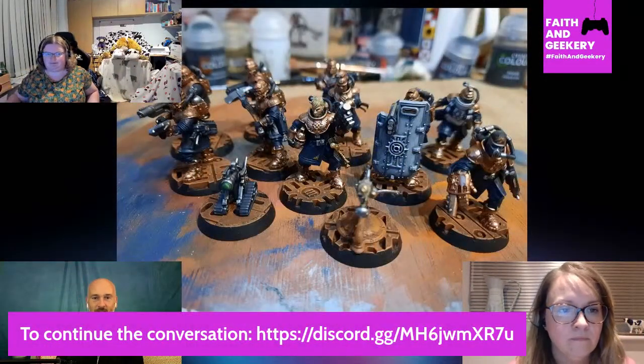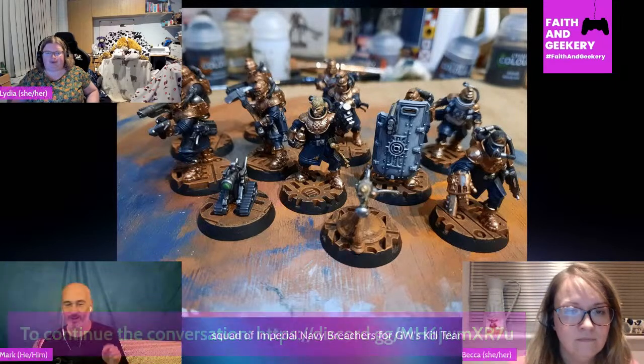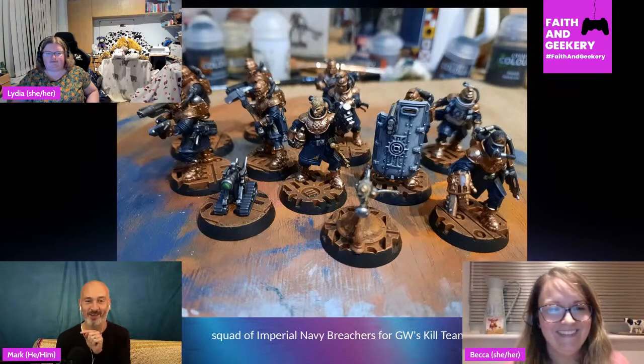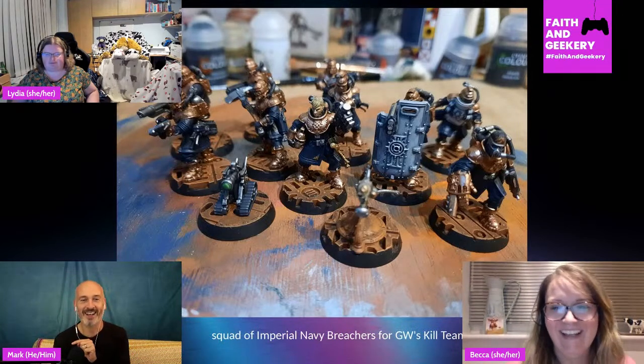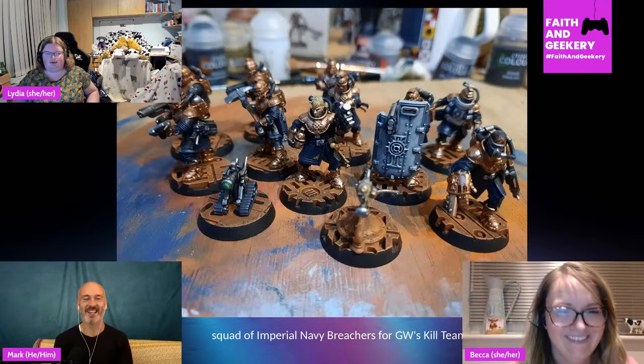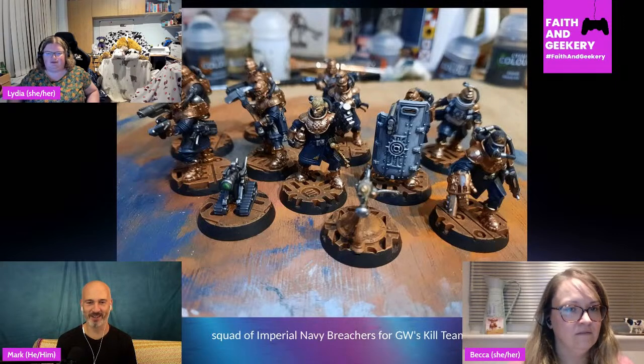So if we come to our Geeks Gallery, this is Tom's stuff. And I was really clever and wrote something across the bottom to explain what they were. They are people from a squad of Imperial Navy breachers for JW's kill team. I don't know what JW is. Games Workshop, no idea.